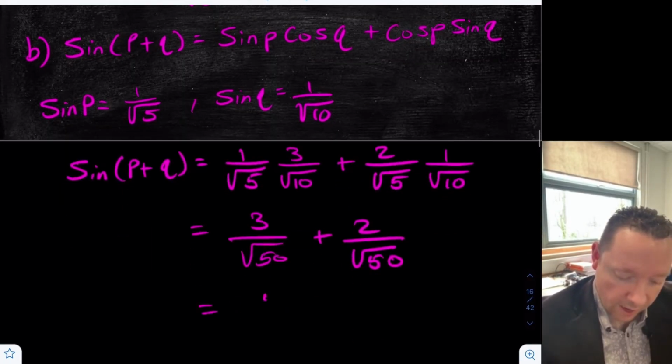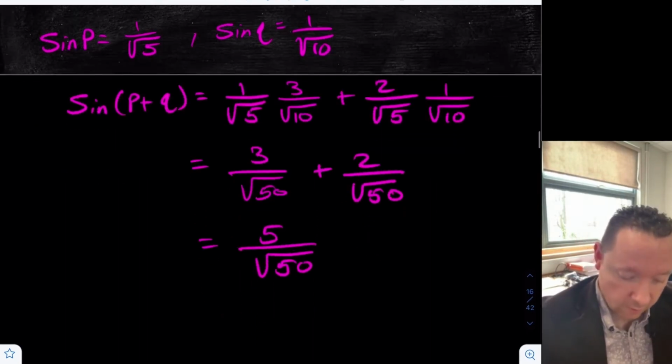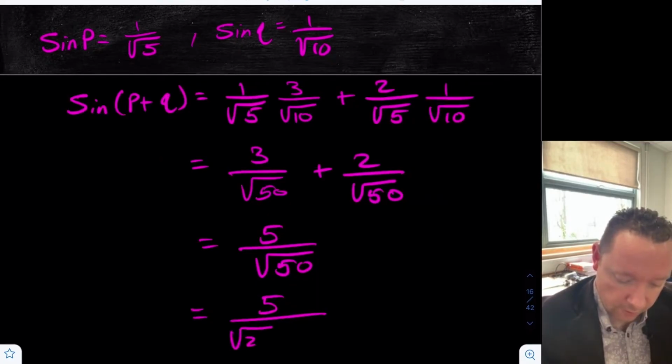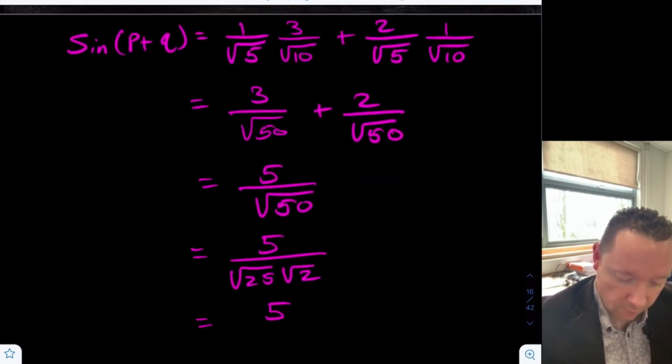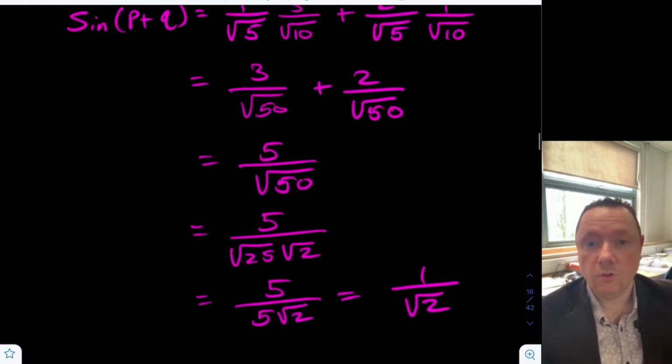That gives me 5 over root 50, but all answers at Higher Maths need to be simplified. So I need to simplify that root 50 if I can, which you can, because it's root 2 times root 25. 25 times 2, which is giving you 5 over 5 times root 2. 5's cancel to give you 1 left on the top and root 2 on the bottom. So it's 1 over root 2.